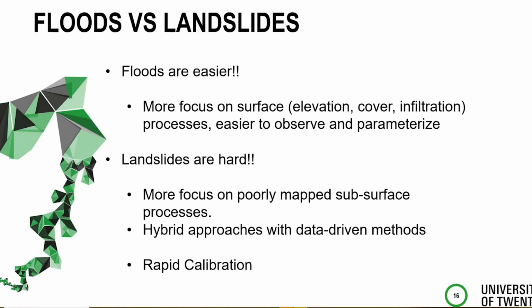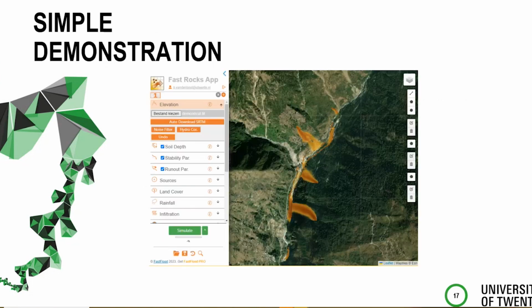For landslides, that's a lot harder. A lot of that is happening on the subsurface, where you don't have all that information and all those excellent global data sets. So in this tool, there's a lot more focus on calibration. I'm quite enthusiastic about the rapid calibration that we're working on, which I'll demonstrate for you as well.